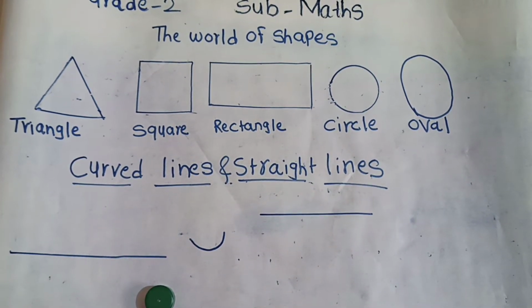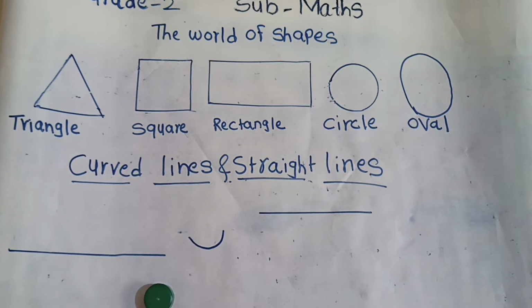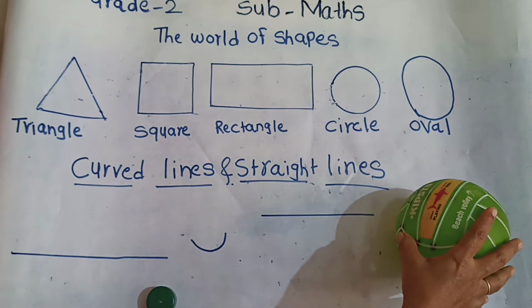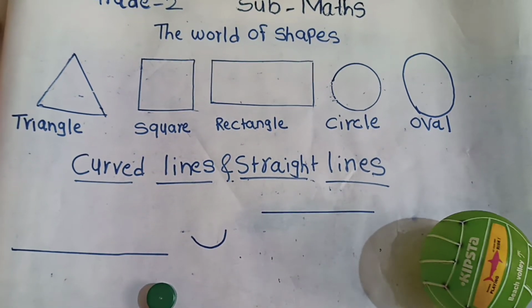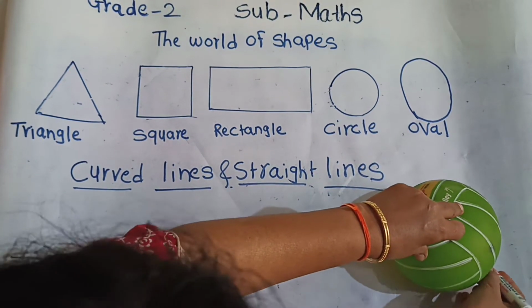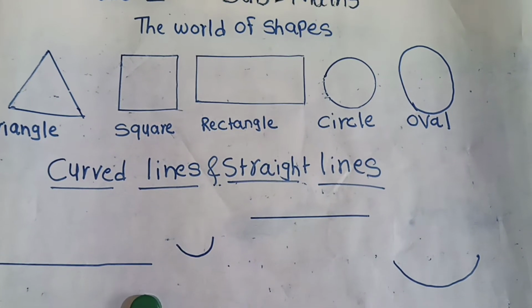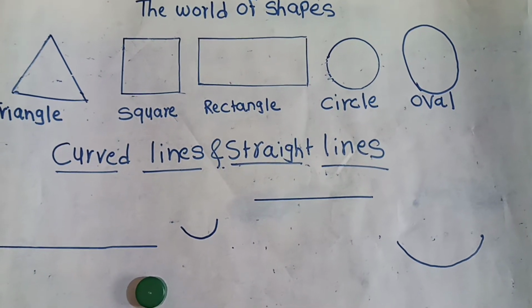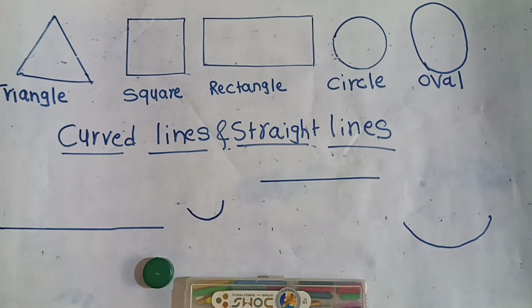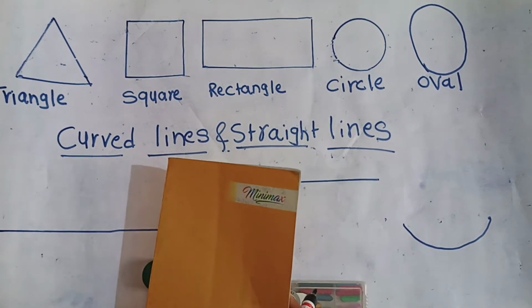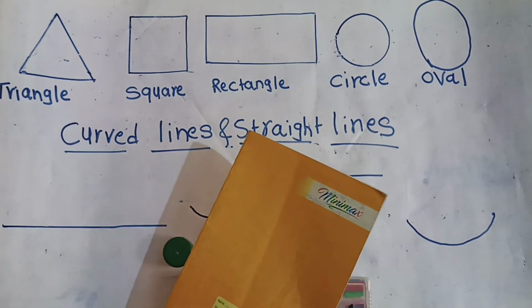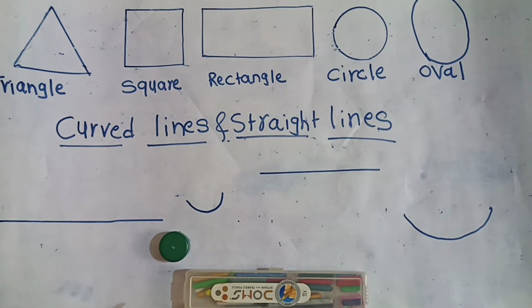Okay, and look, this ball is having curve lines. Okay, children, means these objects, box, notebook, this lid and this ball, having straight or curve lines.